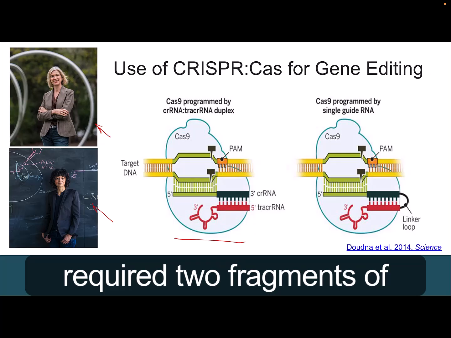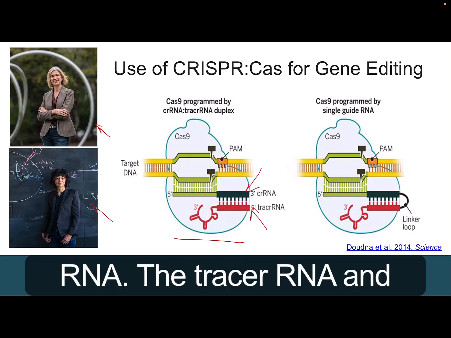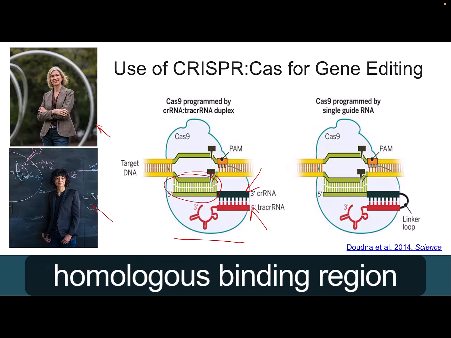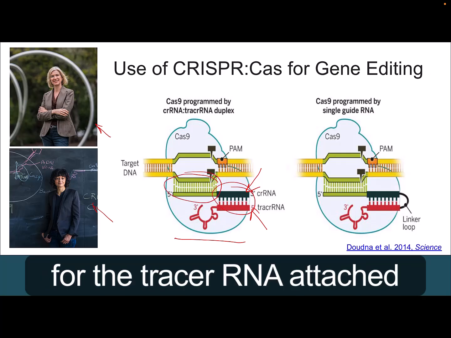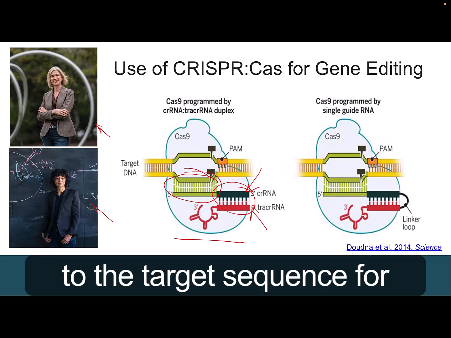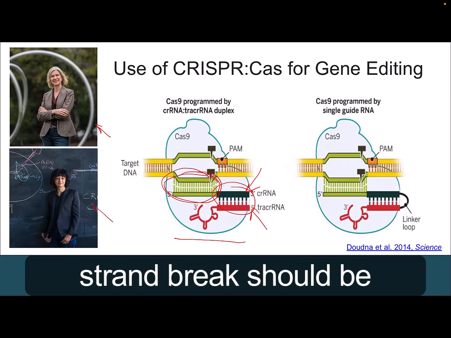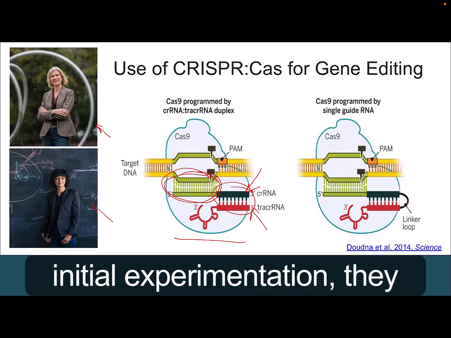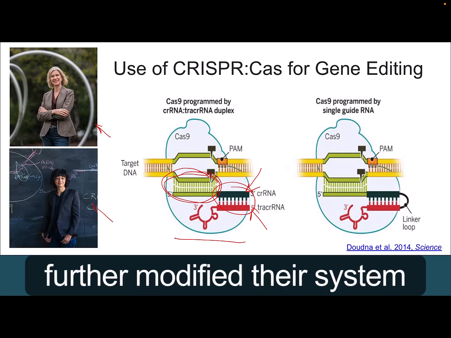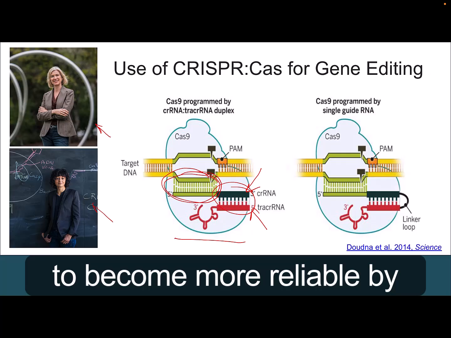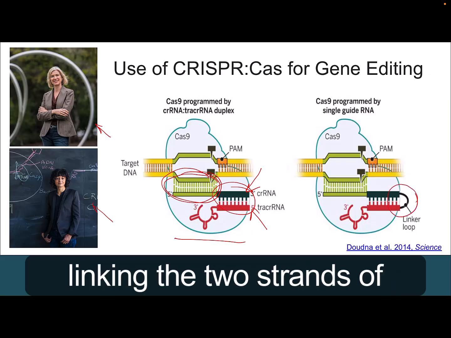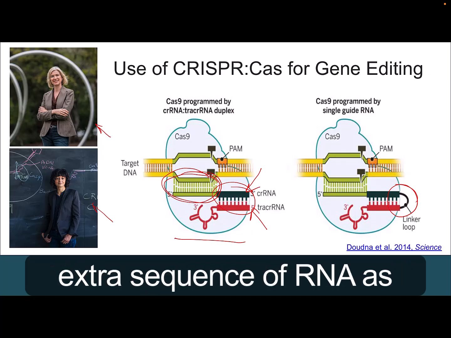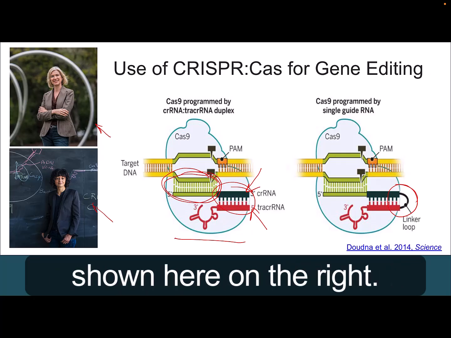This required two fragments of RNA, the tracrRNA and the guide RNA, that housed a homologous binding region for the tracrRNA attached to the target sequence for the target gene where the strand break should be introduced. Following this initial experimentation, they further modified their system to become more reliable by linking the two strands of RNA together with a small extra sequence of RNA, as shown here on the right.